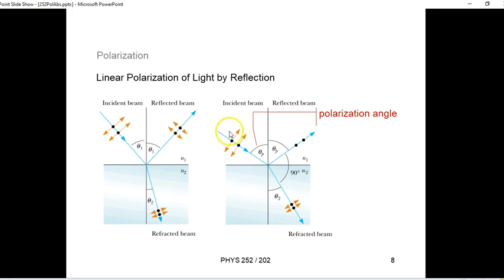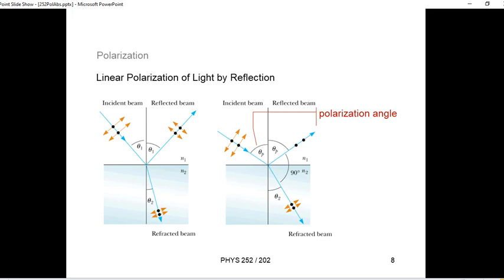But another possible component would be the electric field axis going in and out of the viewing screen. And that's what these little black dots are representing. They're representing the points of arrows that are pointing directly at you. So the incoming light could have an electric field component along the orange axis or in and out. The actual electric field, right, can be anywhere rotated around the blue incident ray direction.